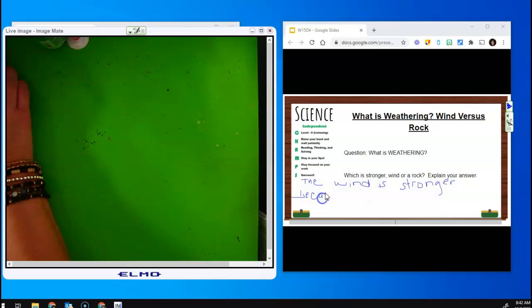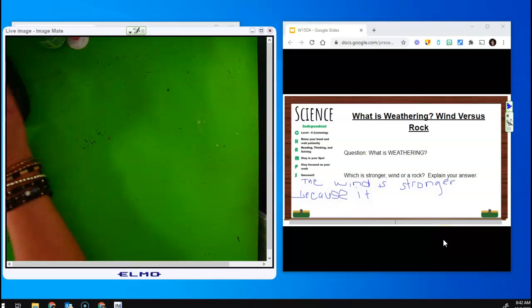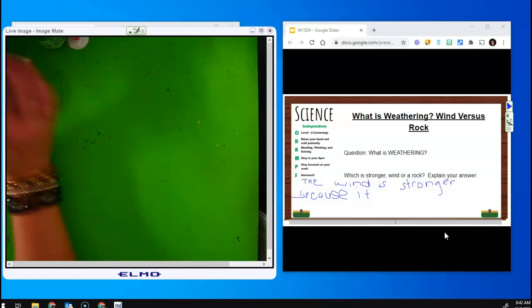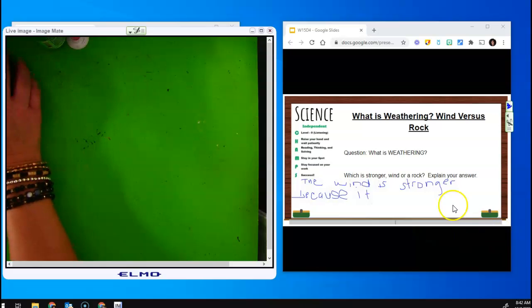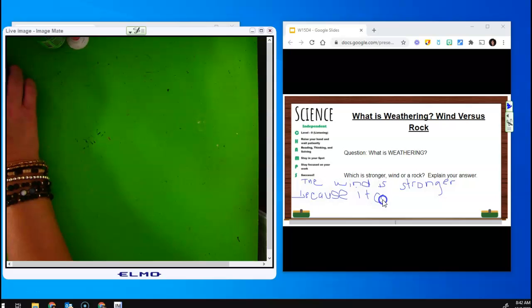I'm writing with my mouse, so my writing's not all that great. You guys are typing it into your Cami file? Yes? I need head nods. Kaden. Well, I don't think the wind is stronger.